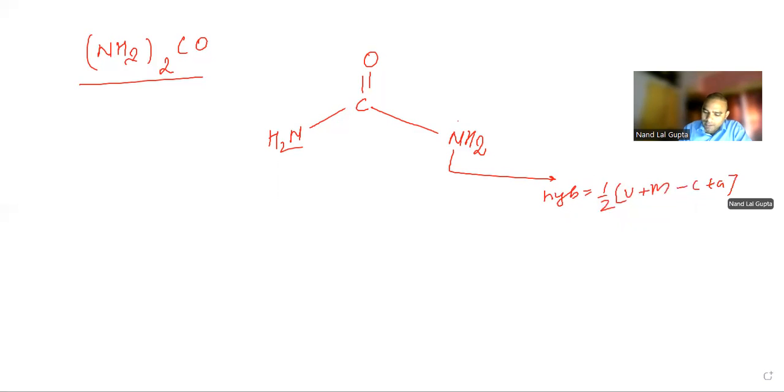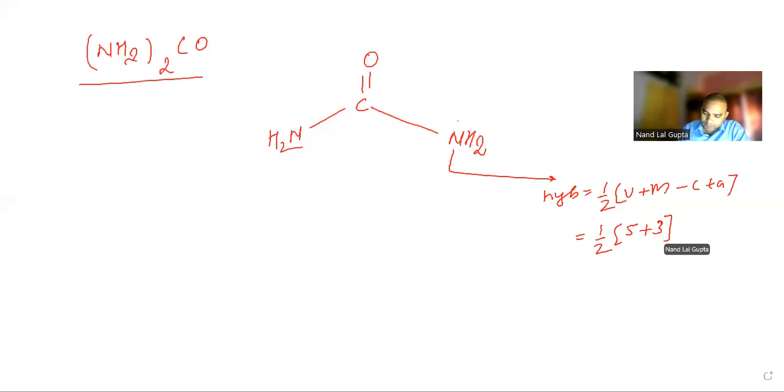The number of valence electrons in nitrogen is 5. Monovalent atoms, how many are there? 3 are there. Carbon is not monovalent. So total 3. Wouldn't it be going to 4? It is going to be SP.